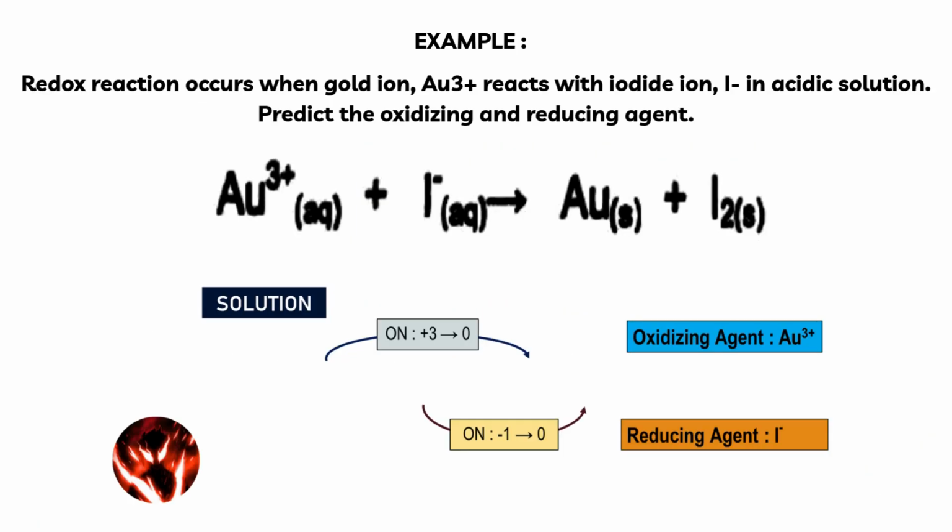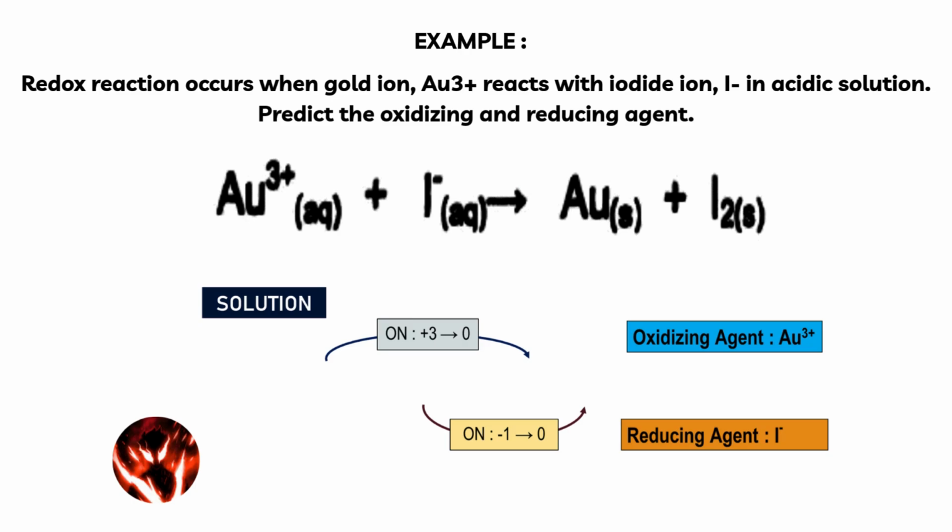Now, let's look at the reaction between gold ions and iodide ions. First, notice the gold ion Au3+. Its oxidation number changes from +3 to 0. Because its value decreased, it underwent reduction, which identifies Au3+ as our oxidizing agent.